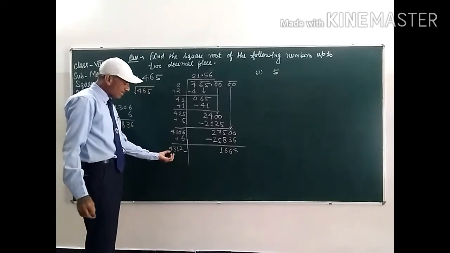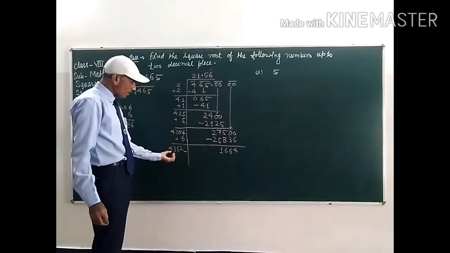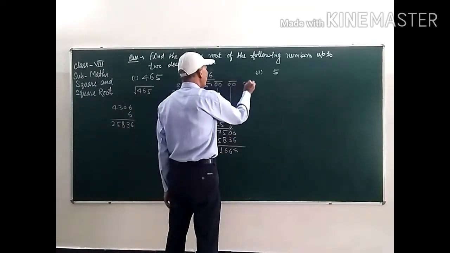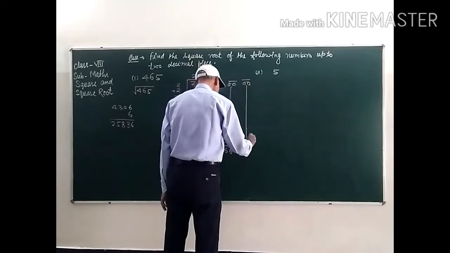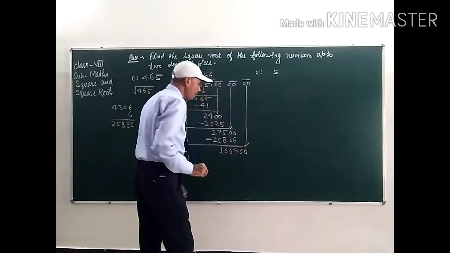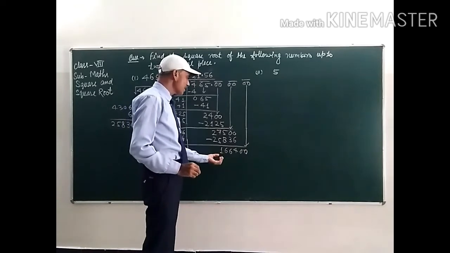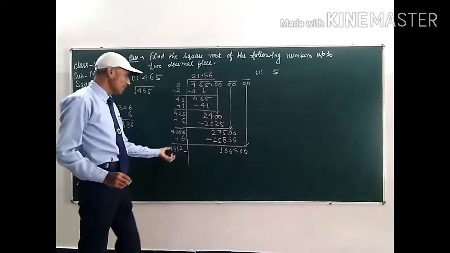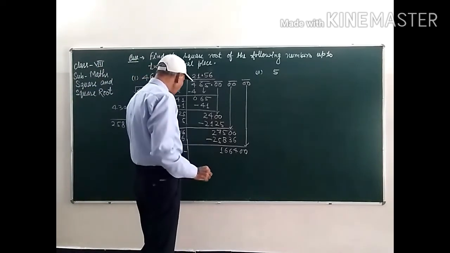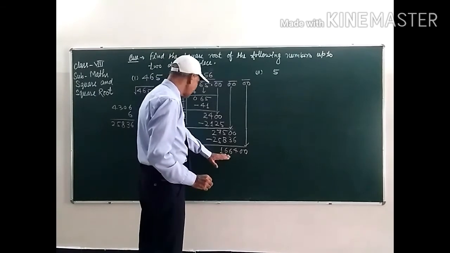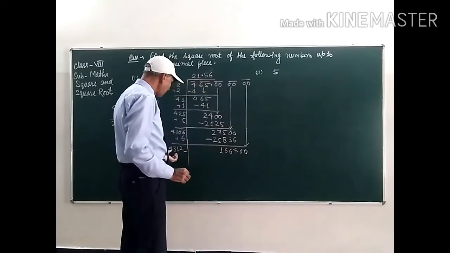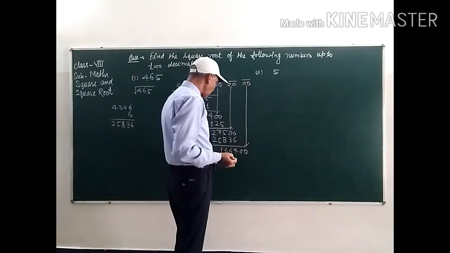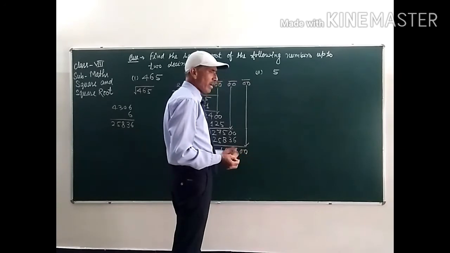This number is 43,120 to 43,129, and again take this here. Now what is the number? This number is 166400, and this 43,120.